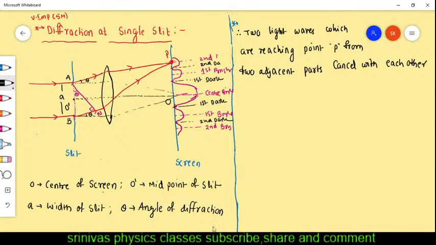But we divided the slit into three parts. Two parts are cancelled, but one part remains. Due to that one part, it will not cancel, and the maxima forms. Two adjacent parts cancelling each other means their light contributions are cancelled, because the phase difference is pi.